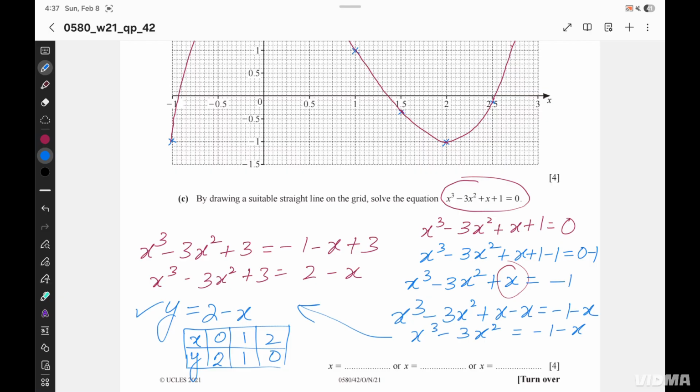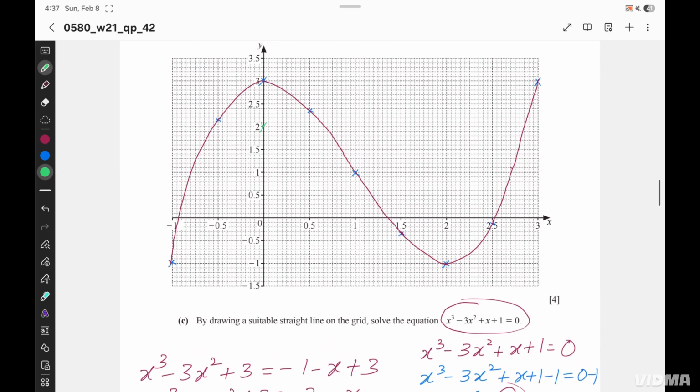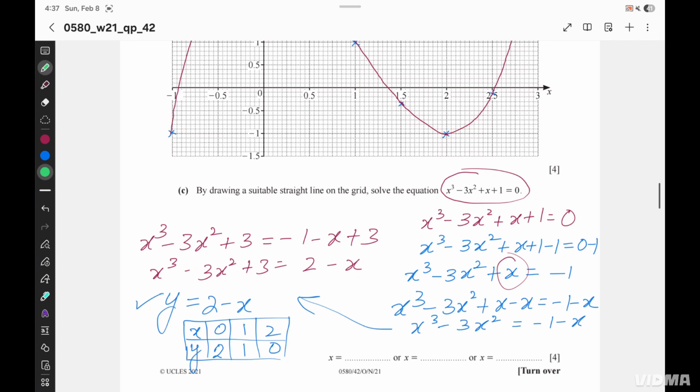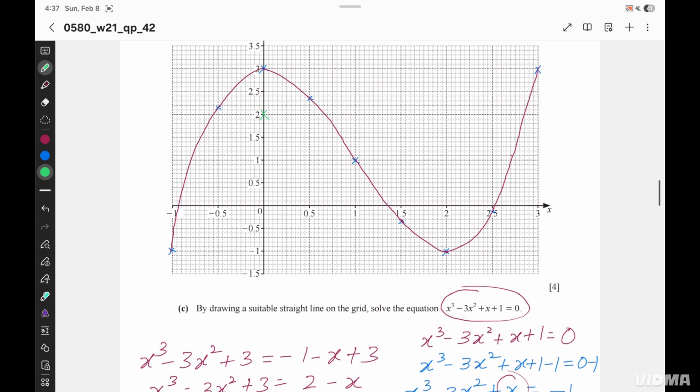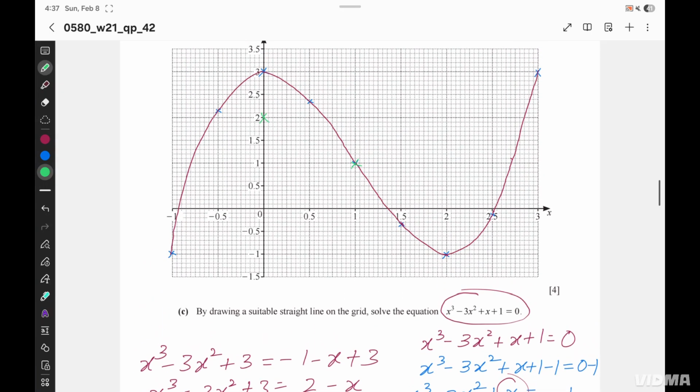So for 0 we have 2. For 1 we have 1. That is exactly this blue point that I have already drawn. And for 2 we have 0. Now we just need to draw a straight line, because we know that the linear equation always has a straight line graph.